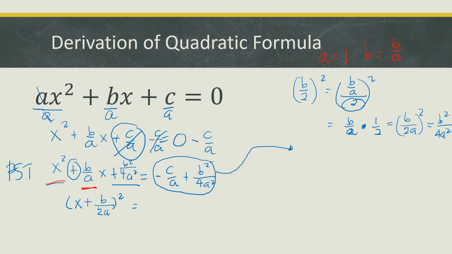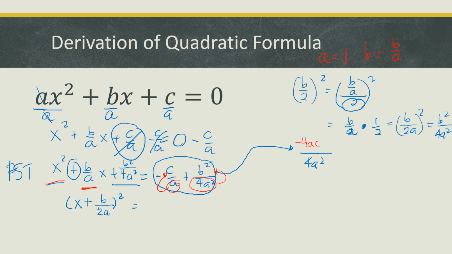Get their LCD. The LCD of a and 4a squared is 4a squared. Let us divide. 4a squared divided by a is 4a times negative c. We have negative 4ac. 4a squared divided by 4a squared is 1.